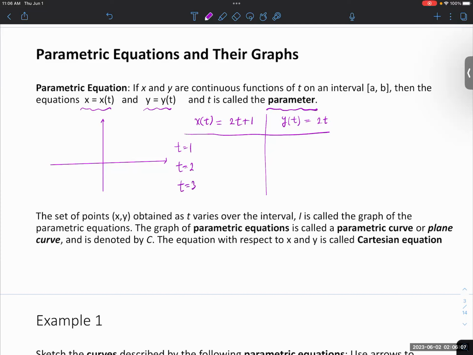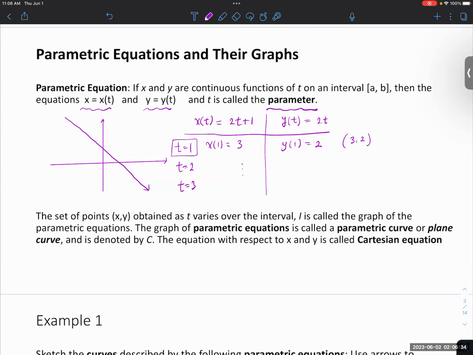If t is 1, then x of 1 is 2 times 1 plus 1, which is 3, and y of 1 is 2. So when t equals 1, you get the point 3, 2 from the x and y functions. You can keep on doing that. If you keep going, you'll find a function like this.